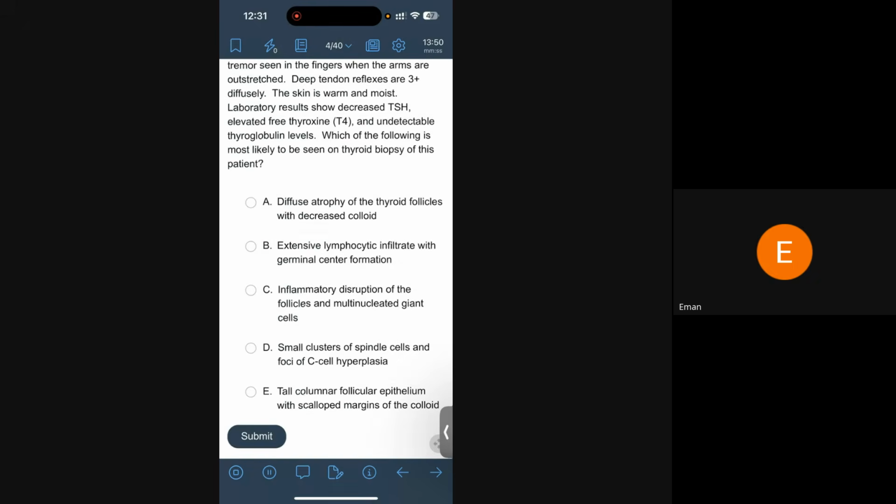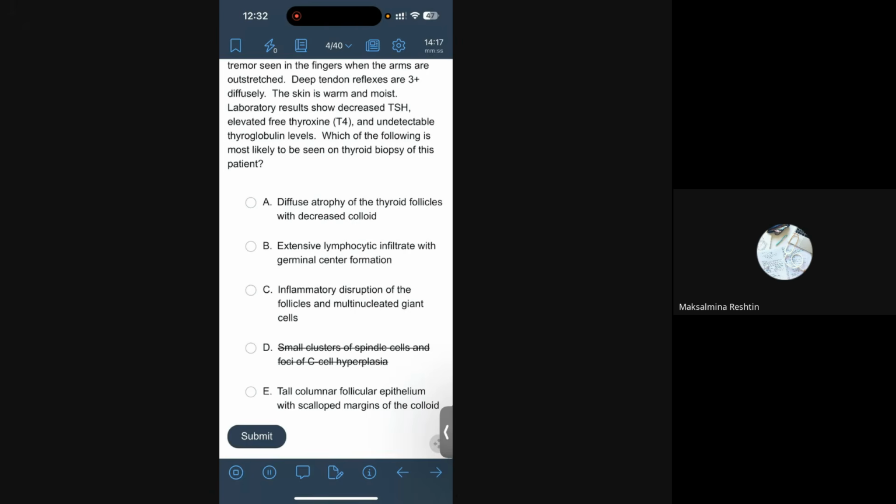Now we have to see which of these options is consistent with that. Option D is consistent with what diagnosis? C-cell hyperplasia. C cells produce which hormone? Calcitonin. So D is consistent with medullary thyroid cancer, right?